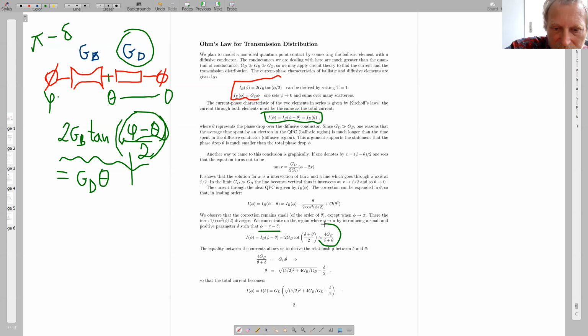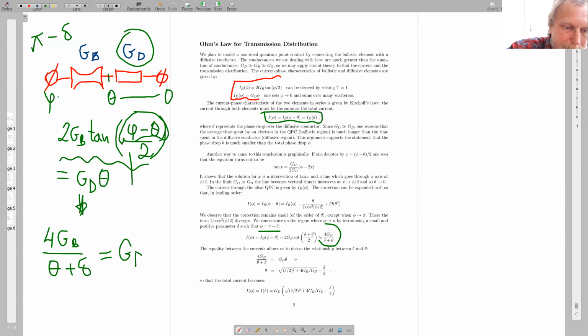And then the same equation can be rewritten in a quite simple way. Which can be solved. No, sorry, it's zeta.